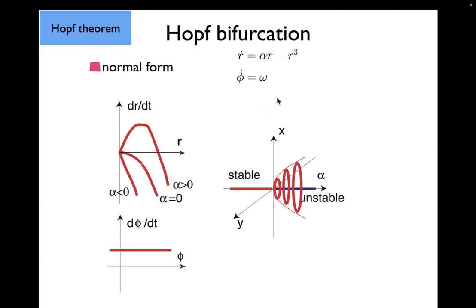Here's a special way of how one can look at that. You can have a pitchfork bifurcation for the radius, and you have a constant rate of change for the angle variable. So it actually takes two dimensions. It's based on having a pair of eigenvalues that change, a complex conjugate pair, for those who know these kinds of things. And then you can use polar coordinates to represent it in that way.